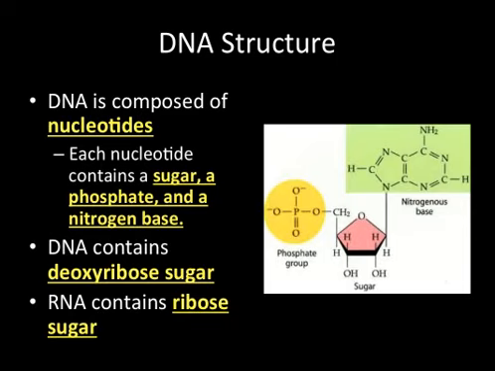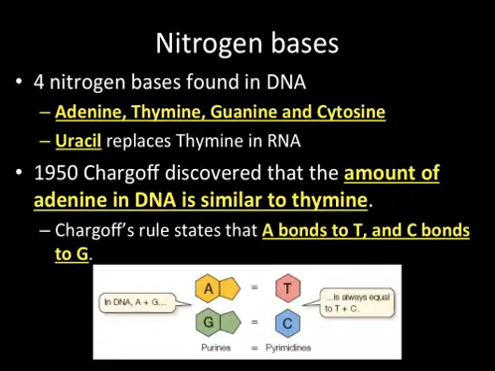All right, so the key difference between DNA and RNA is the sugar molecule that exists within the structure. So keep in mind those nucleotides contain a sugar, a phosphate, and a nitrogen base. The sugar differs depending upon whether you're looking at DNA or RNA, and the nitrogen bases determine the sequence that determines the code that determines the protein. All right, there's a lot of cause and effect here when we look at the structure of DNA.